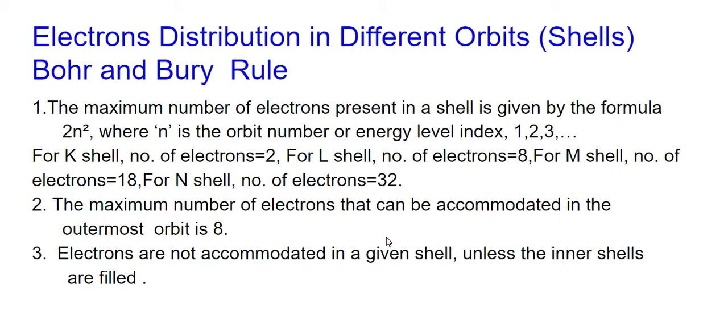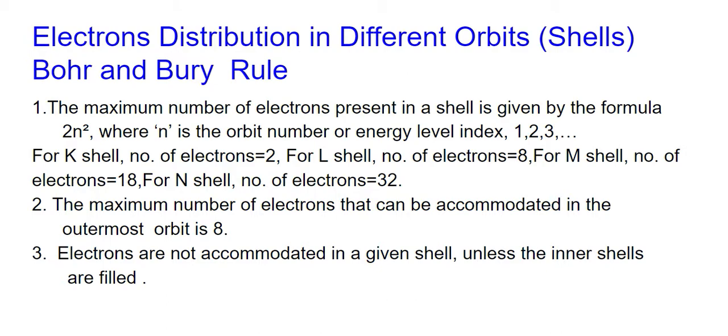Let us now move on further and understand how electrons are distributed in different orbits. These orbits are known as shells. We have the Bohr-Bury rule for that. The rule says, first point, the maximum number of electrons present in a shell is given by the formula 2n squared, where n is the orbit number or the energy level index. n can take the value 1, 2, 3 and so on.